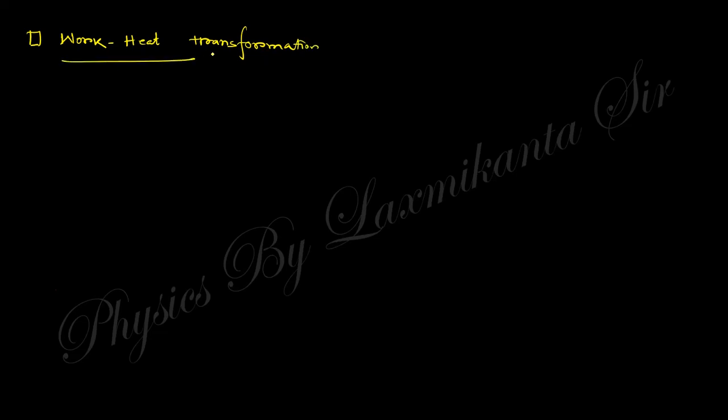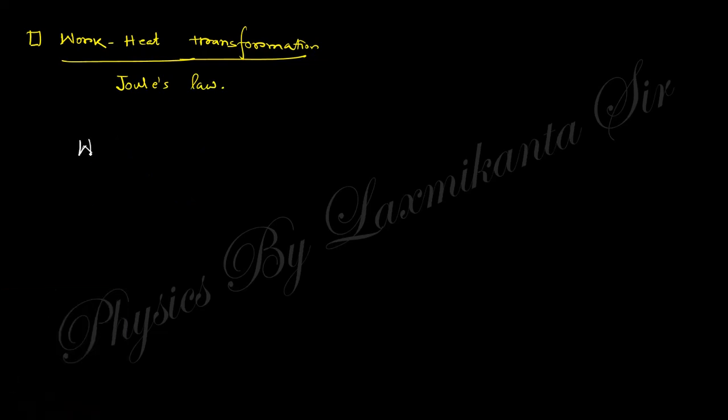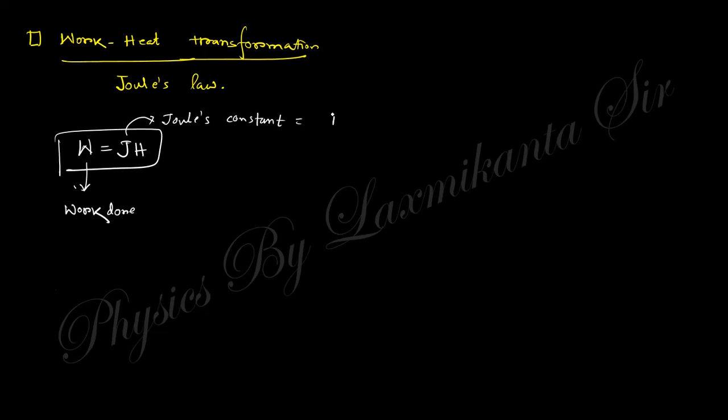For that, the Joule experiment, Joule's law, you know about Joule's law. What is Joule's law? This is nothing but W equals JH, where W is work done, J is Joule's constant, whose value is 4.2 joule per calorie, and H is the heat.